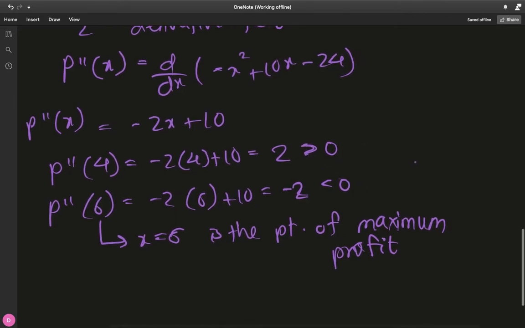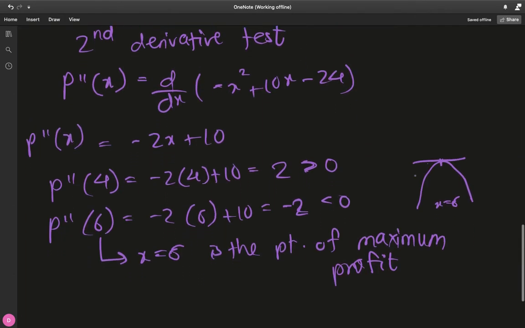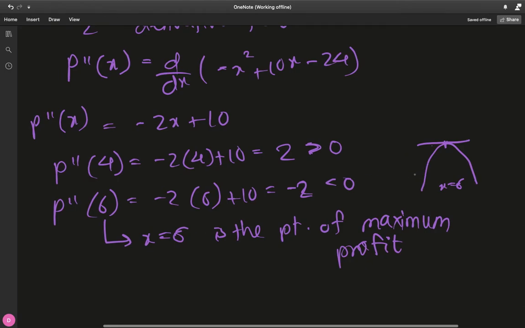Because at that point your graph will look like this. So say this is x equals 6, you'll have a derivative 0 like we set, and the second derivative is negative because it's concave down like this. So that's why it's like a peak.